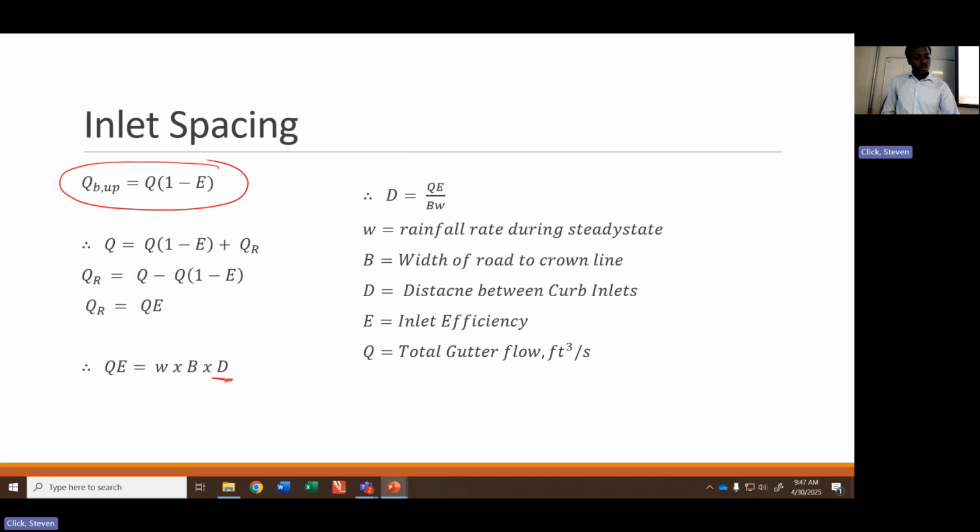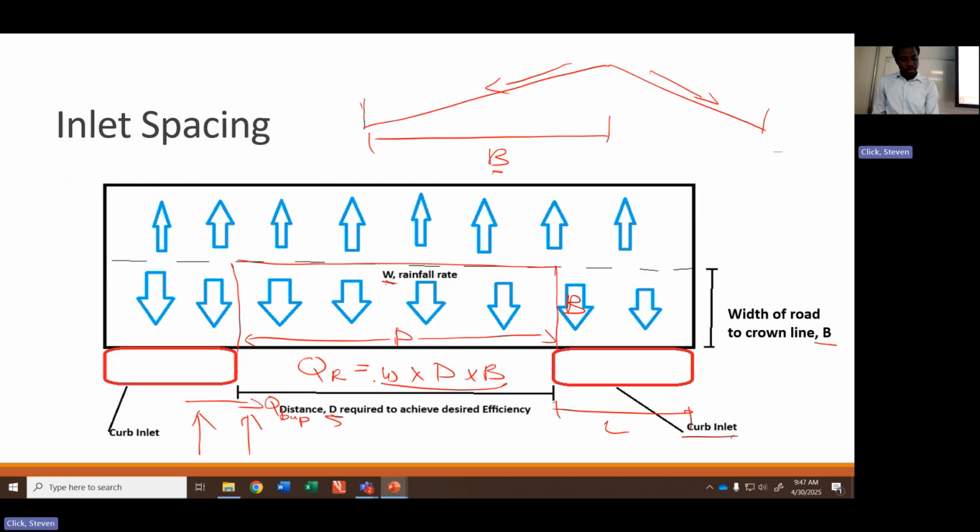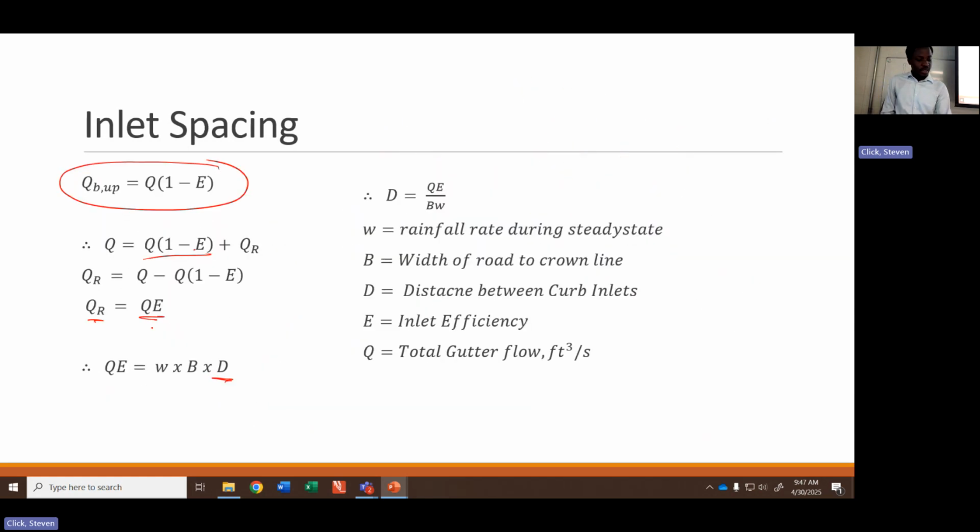You replace your bypass flow from the upward inlets, and you try to find an expression for QR involving Q and E. So now you have two expressions for QR. We have the one from the roadway elements, and we have one relating the total flow to efficiency. So you equate the two and make the distance between the inlets the subject. So you end up with this particular formula.